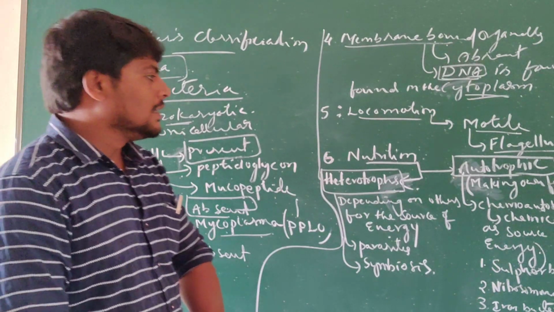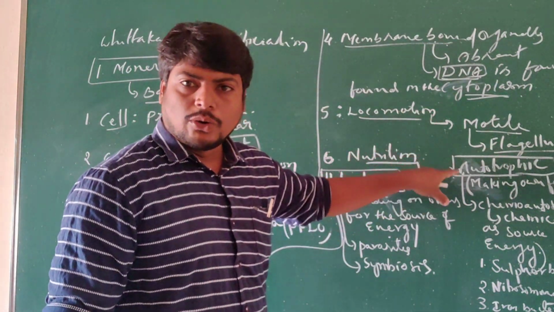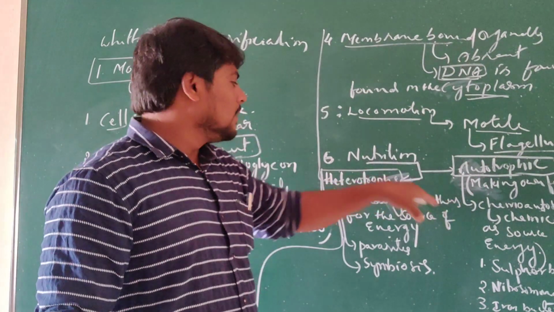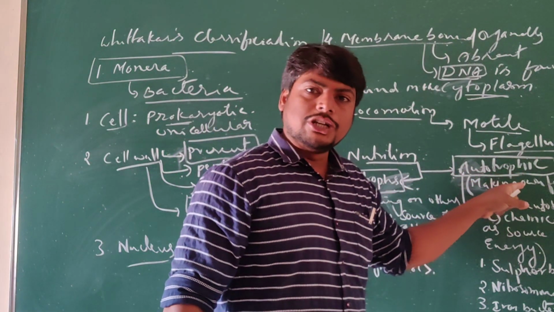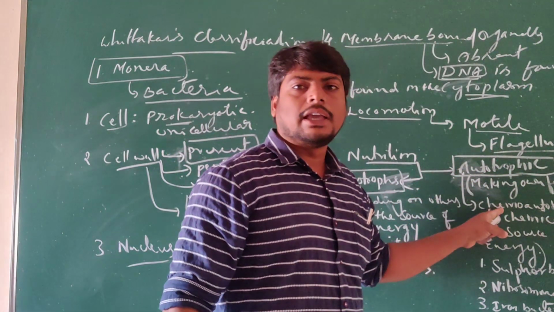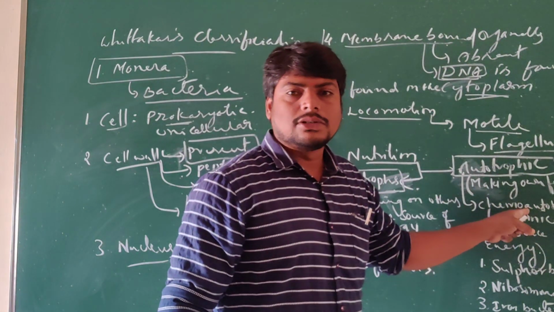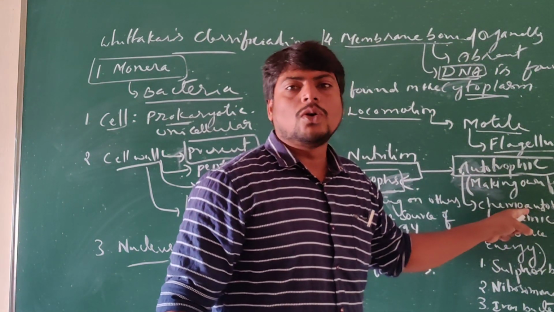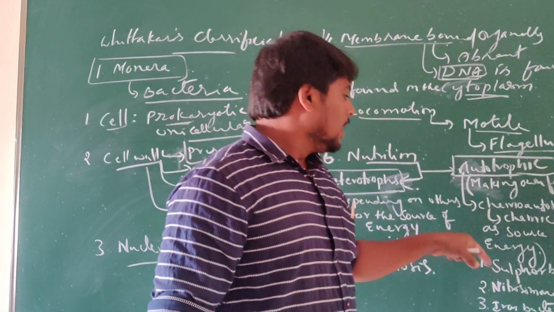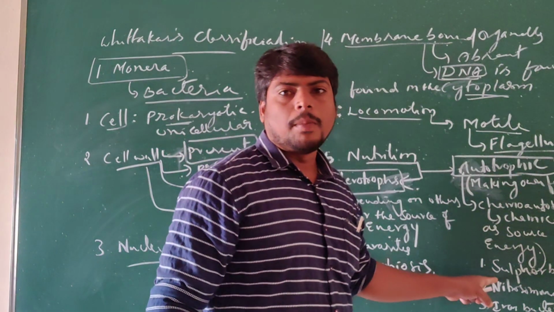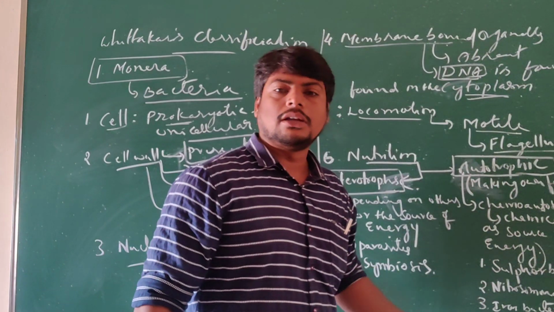These bacteria obtain their nutrients by autotrophic as well as heterotrophic modes of nutrition. Under the autotrophic mode, they use chemical substances as the source of energy, so this mode is also called chemoautotrophism. Examples are sulfur bacteria, iron bacteria, and nitrosomonas bacteria.